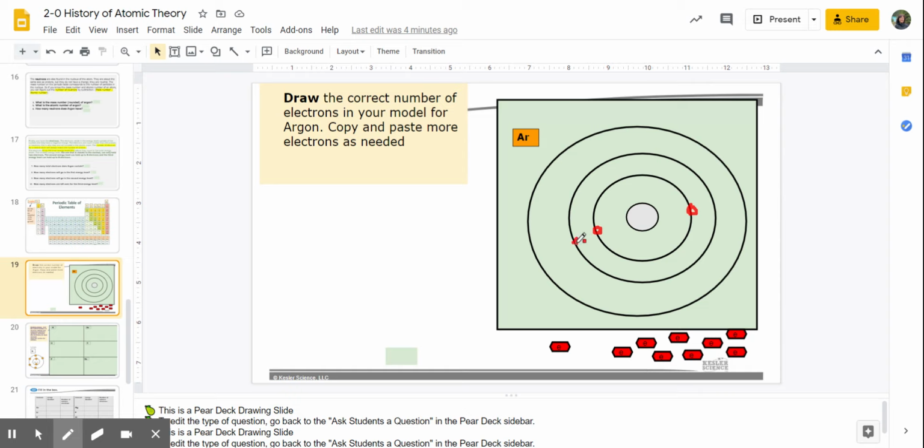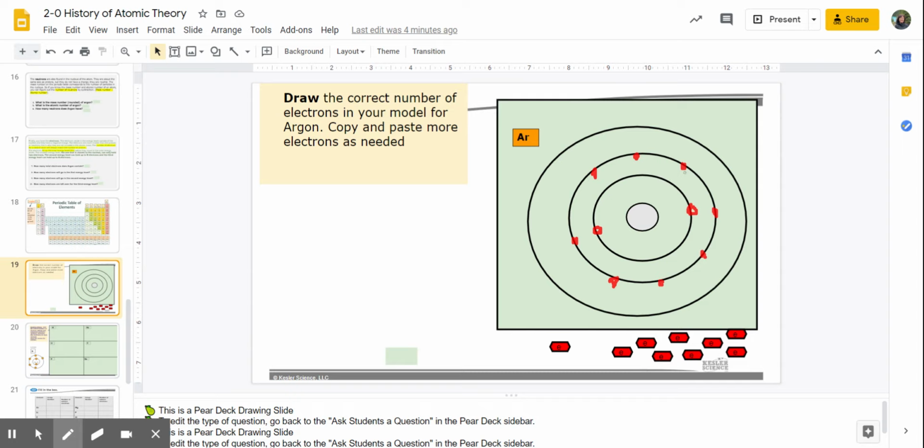And the next electron has to go to the second energy layer, and the second layer can fit up to 8. So I'm going to draw 8 more electrons. Okay, so here there are 2 electrons in the first circle and 8 electrons in the second circle. So we have a total of 10 electrons.